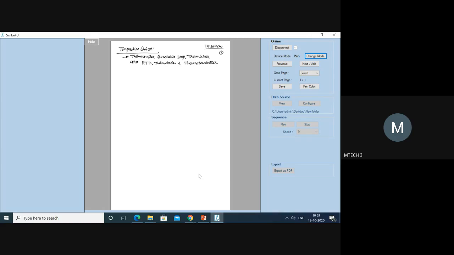Now we'll continue and try to finish this chapter today with some of the different types of sensors. Now we'll try to understand what are called the tactile sensors.